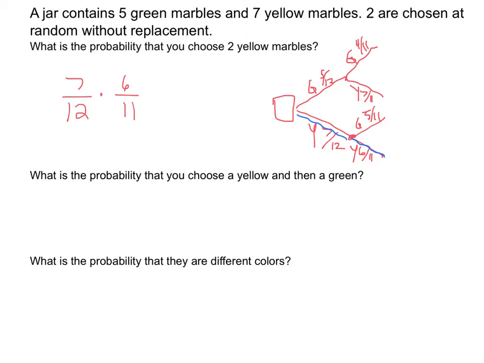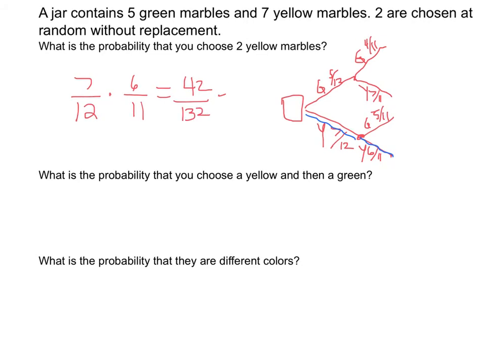And so we end up with 42 over 132, which simplifies to 7 over 22.